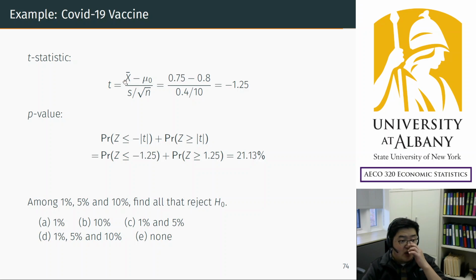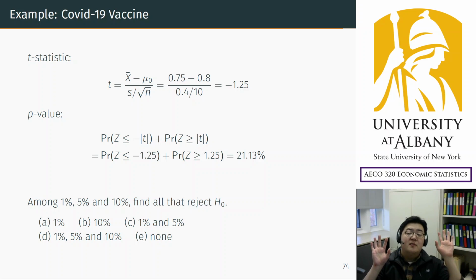Then the p-value is the probability smaller than minus 1.25 and greater than plus 1.25, right? Both sides. As a result, if you use Excel, you can find 21% is the outside probability, the p-value. So the p-value is 21%.